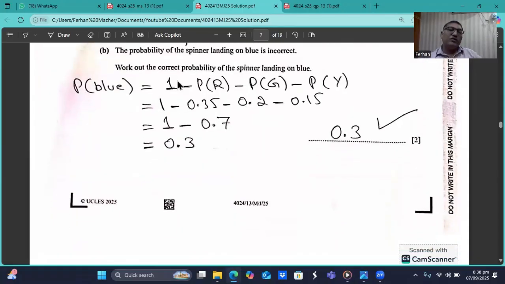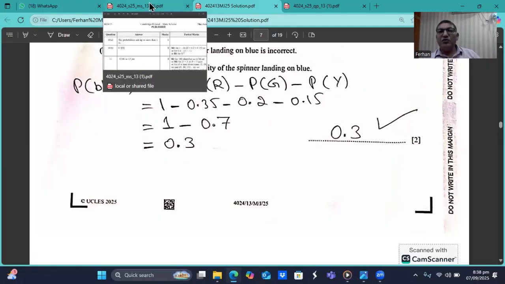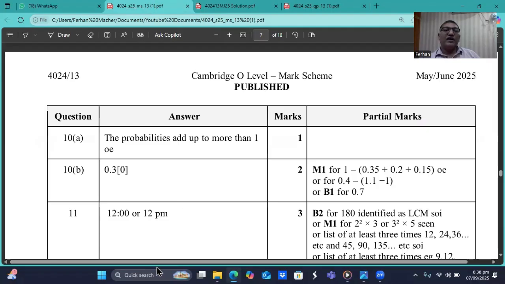So the probability of blue will be 1 minus the probability of red minus the probability of green minus the probability of yellow. So 1 minus 0.35 minus 0.2 minus 0.15, which is 1 minus 0.7. So you get 0.3. The correct probability of getting blue is 0.3.